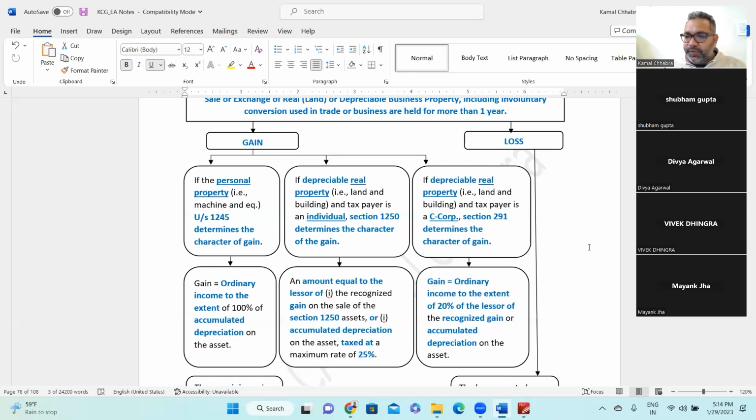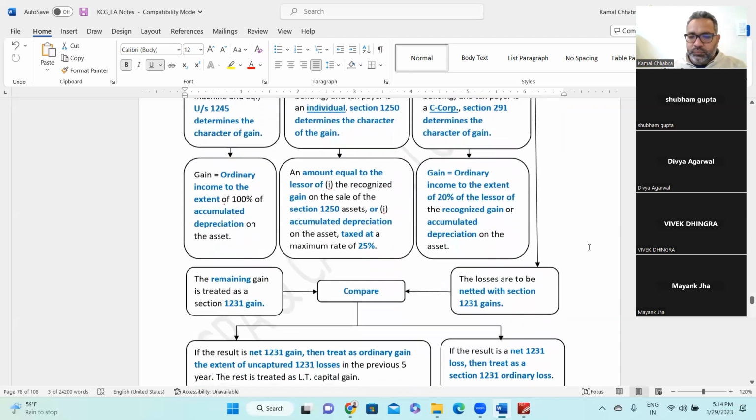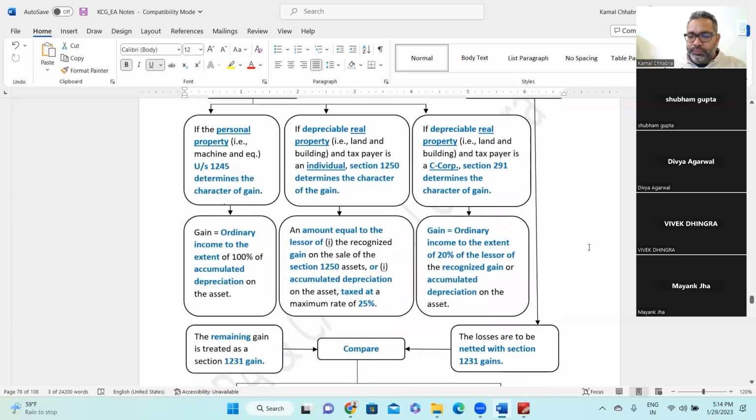Yeah, Mayank, Vivek. Sir, an amount equal to the lesser of the recognized gain on sale of the section 1250 asset or accumulated depreciation on the asset is taxed at the maximum rate of 25%. So is it for section 1250, or is it the other statement it says?